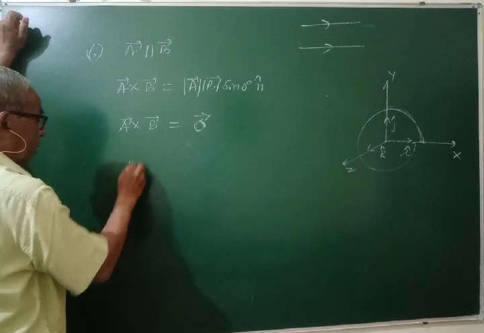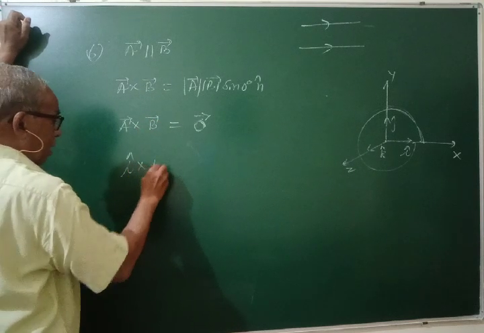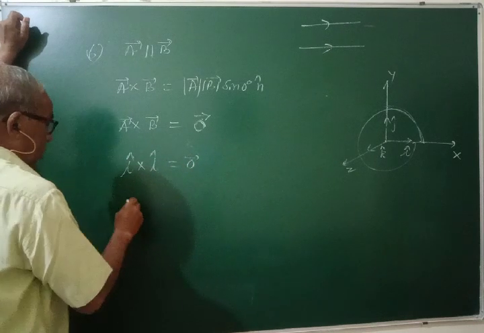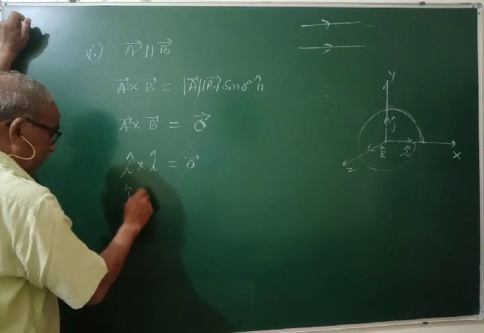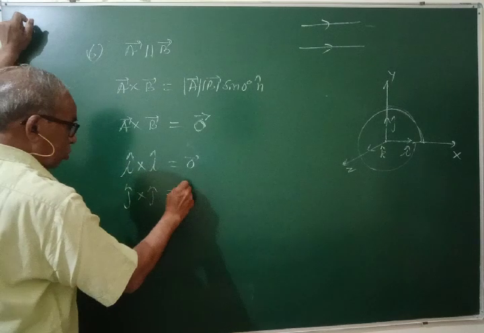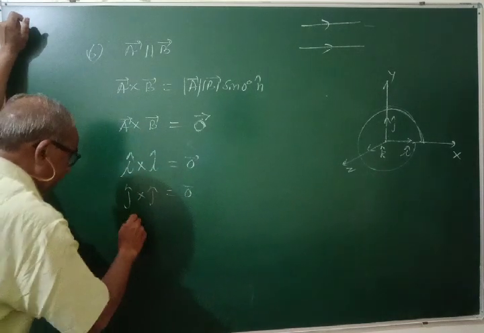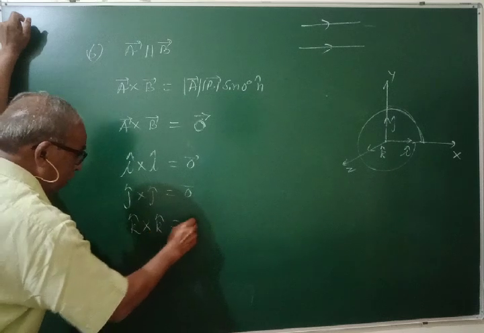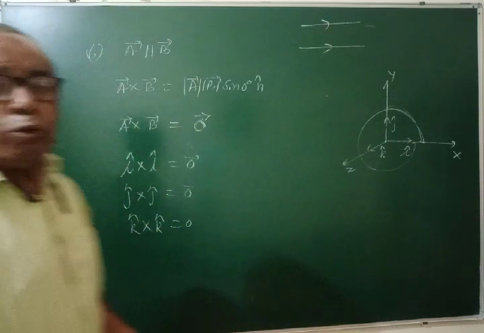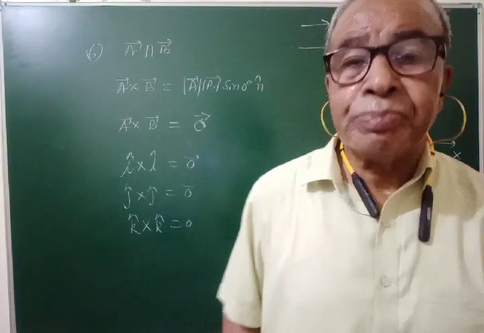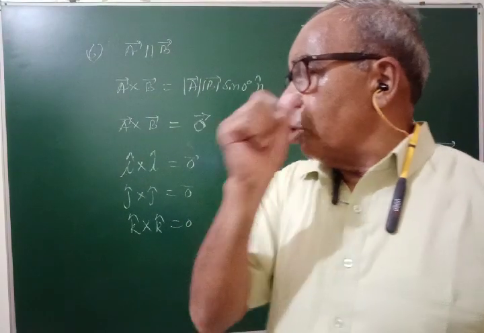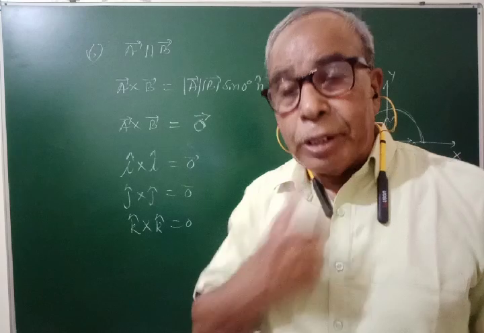And therefore i cap cross i cap is the zero vector. j cross j is equal to the zero vector. And k cross k is the zero vector.